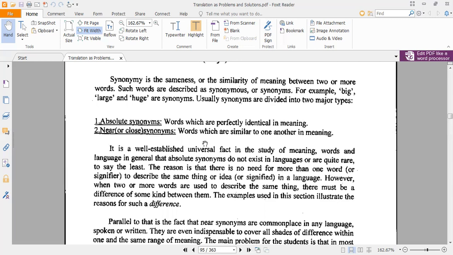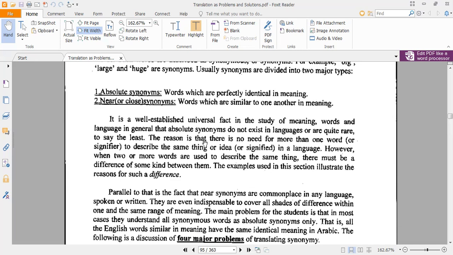The second type is near synonyms. Near synonyms are not identical in meaning, but they have similar or close meanings. But remember, they are not identical.